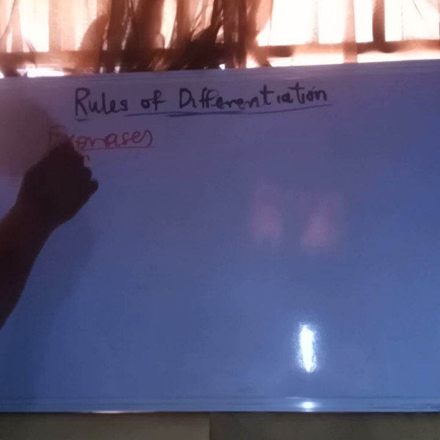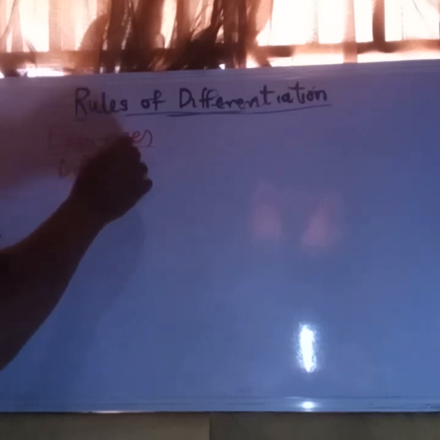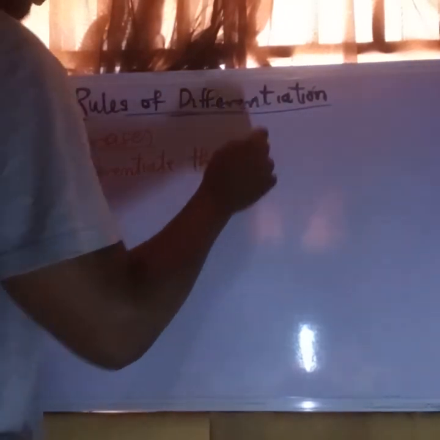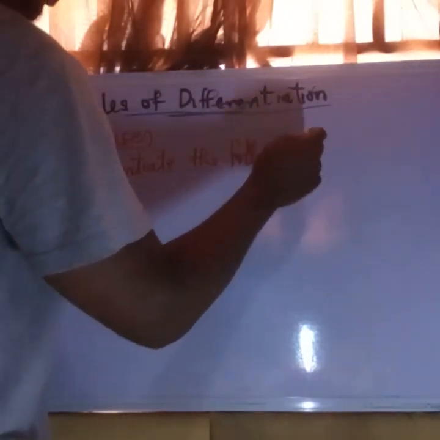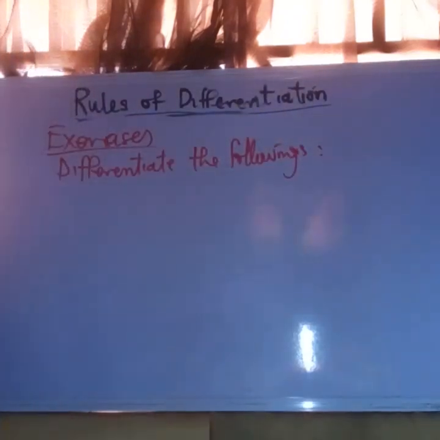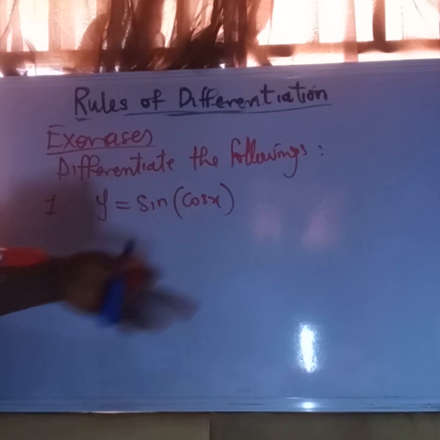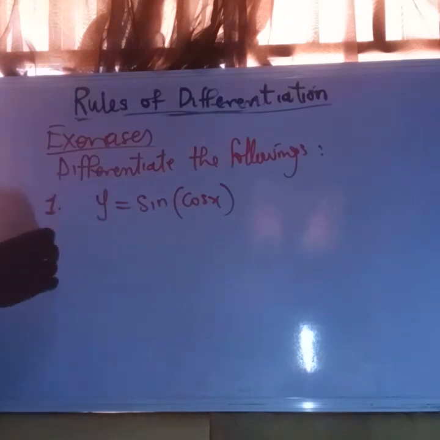Differentiate the following. Use the same argument throughout, but you can use any other argument. For a function like this, you find the slope of y with respect to the argument x throughout.